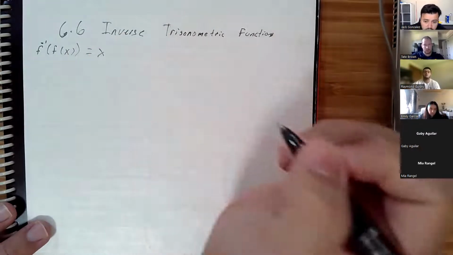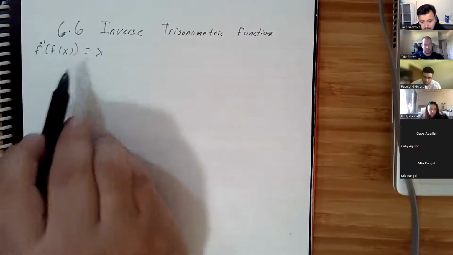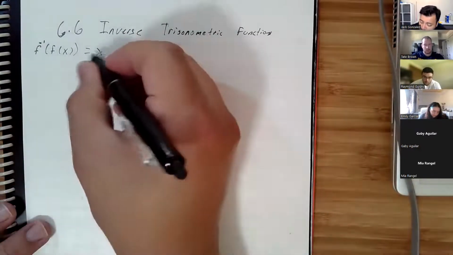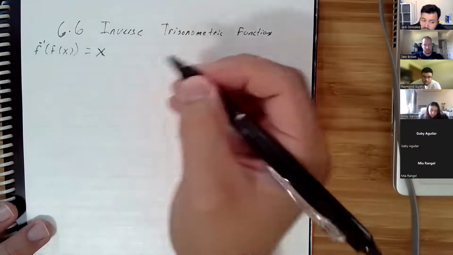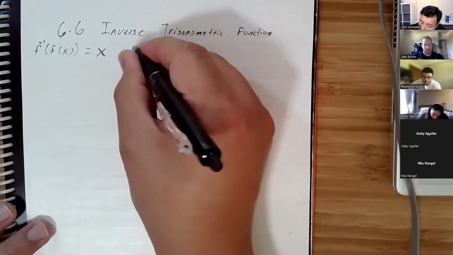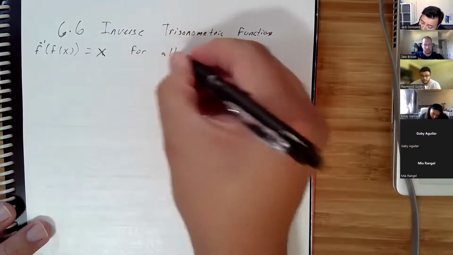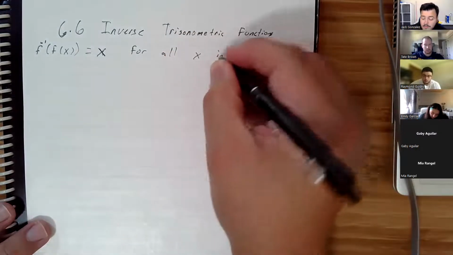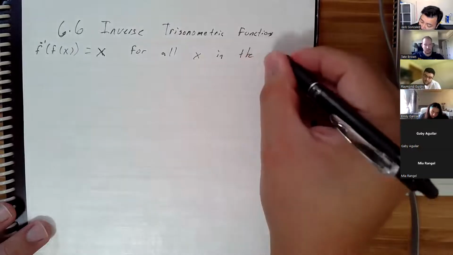So we said back in college algebra that if you had an inverse of its original function and everything cancels, leaving you with an x, that works for all x in the domain of f, the one that's inside.